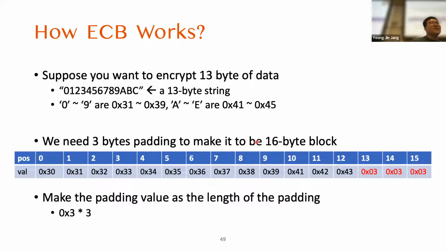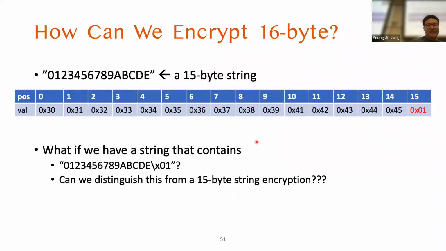Then you might be curious about what happens if no padding is required. Encrypting a 15 byte string will look something like this: we put 01 as the padding. Then what if we would like to encrypt the same amount of data, but with 0x1 as the plaintext?